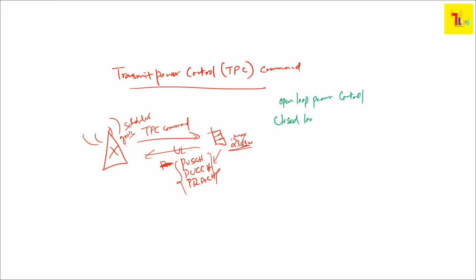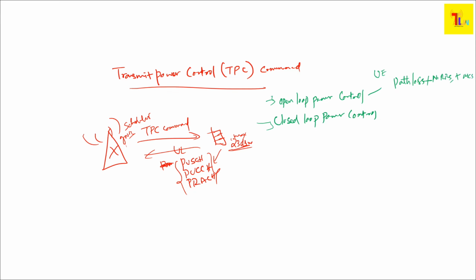In case of open loop power control, we use mainly the path loss parameter, and the UE doesn't require any control message from the scheduler in order to adjust its power. The UE can calculate its own power and then transmit accordingly. It includes your path loss and the number of RBs or the MCS.